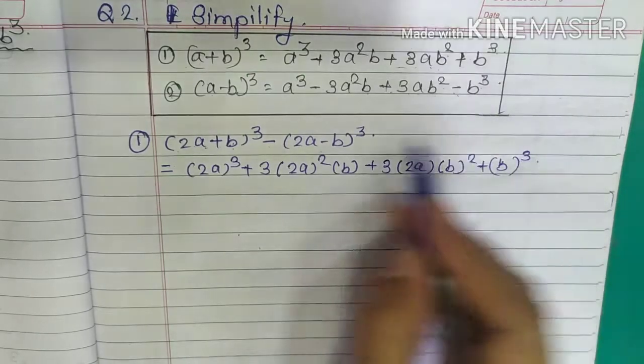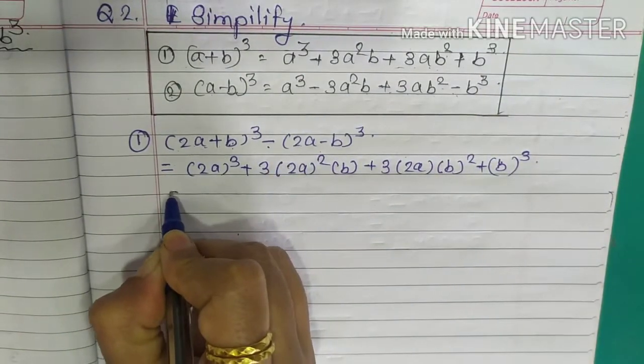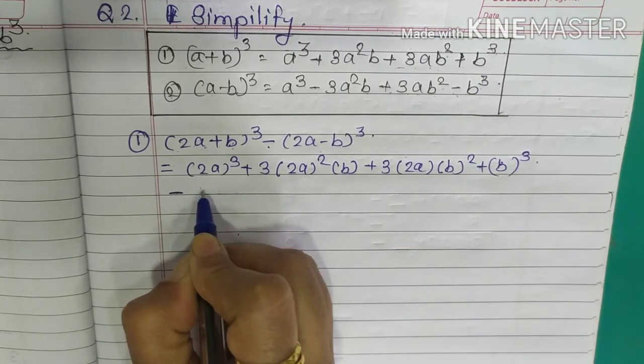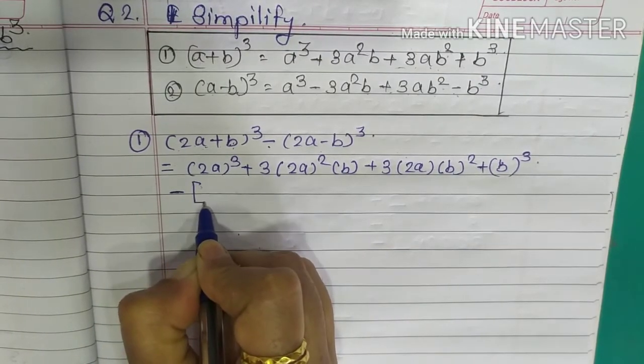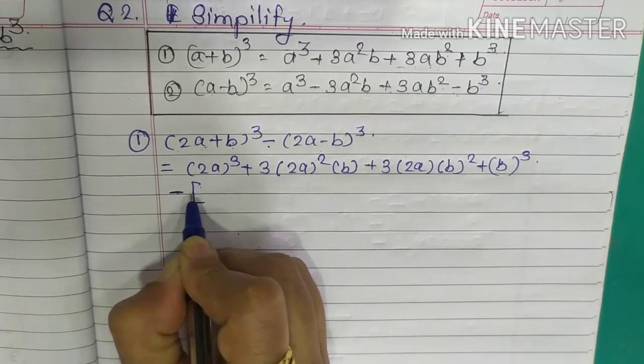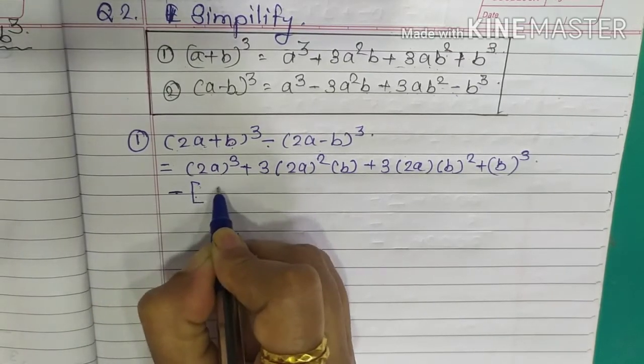Then the sign here is minus, hence we give here minus sign, with a square bracket. This minus sign is above the bracket, hence the square bracket.